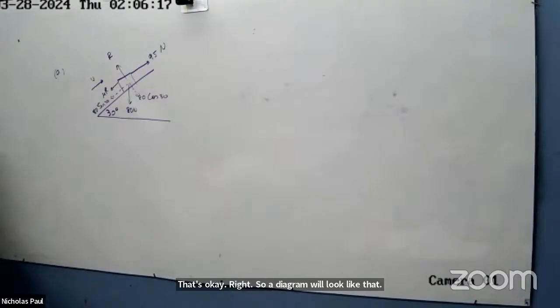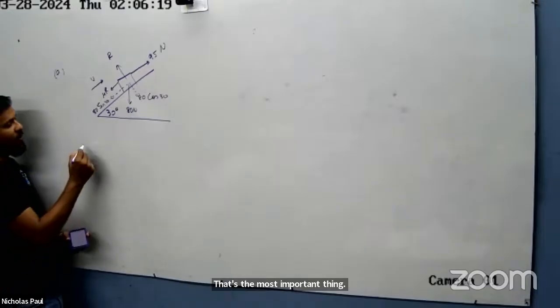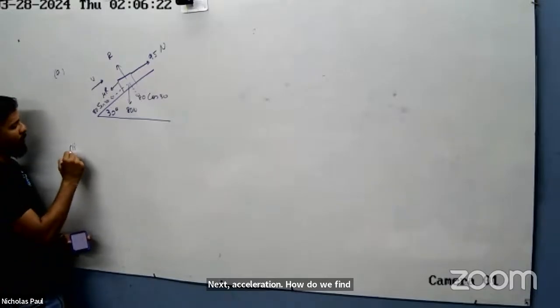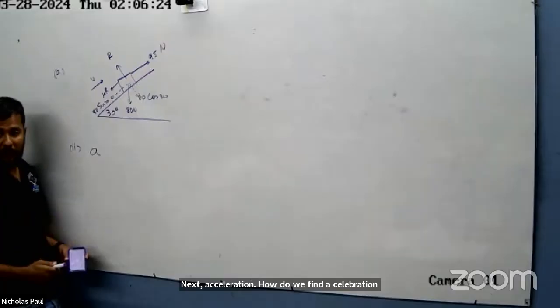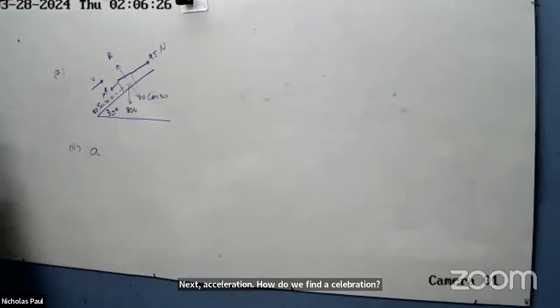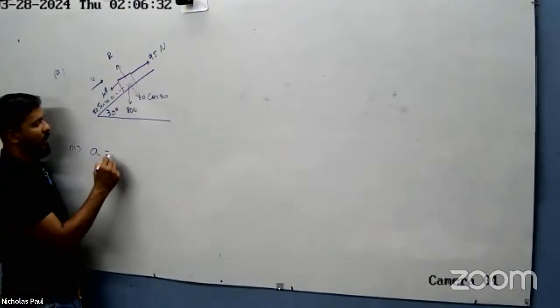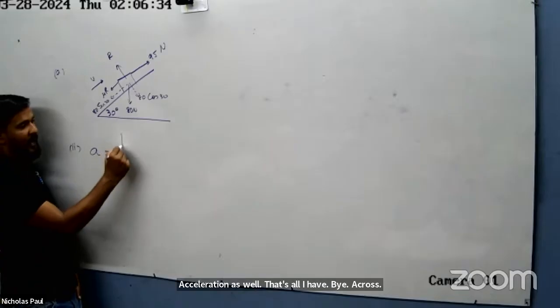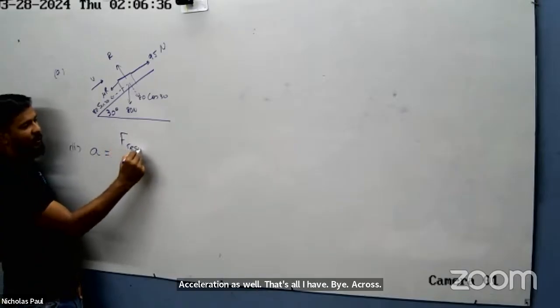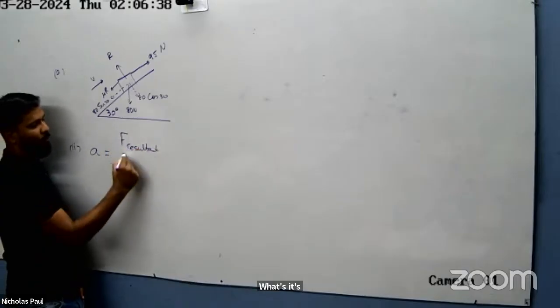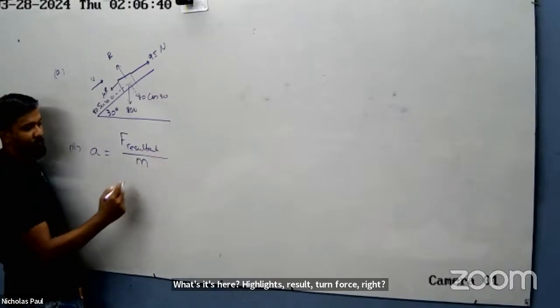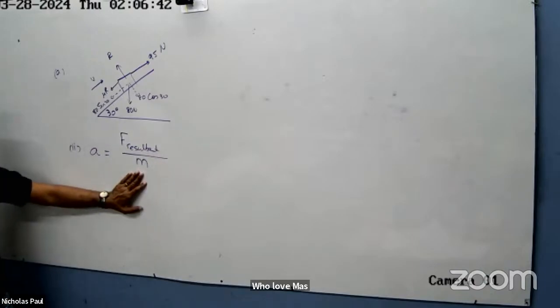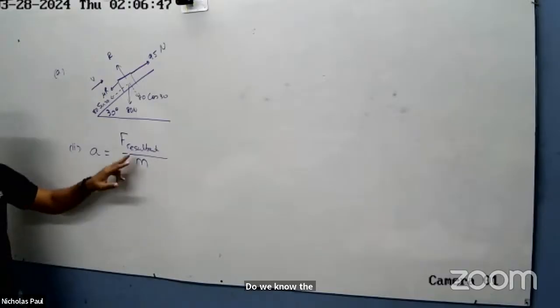Next, acceleration. How do we find acceleration? Look through all the formulas of motion you would use. Acceleration is resultant force over mass. Do we know the mass? Resultant force, right?